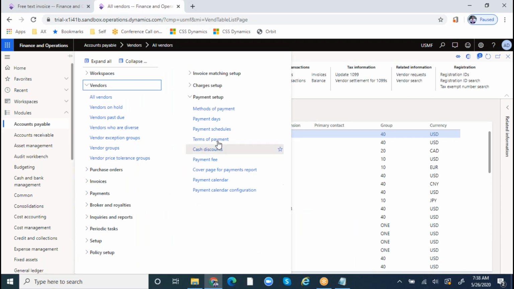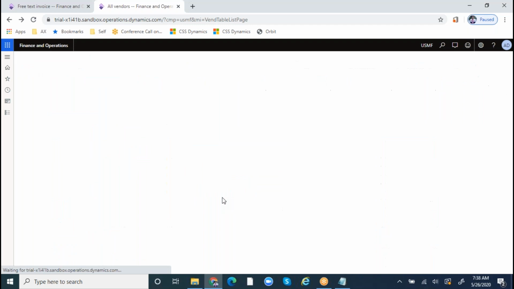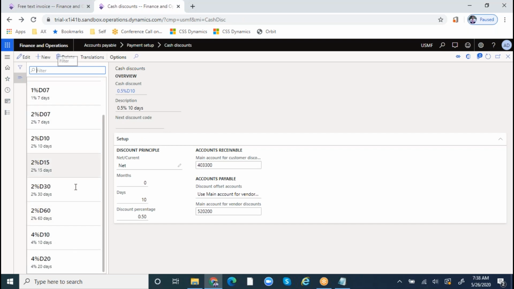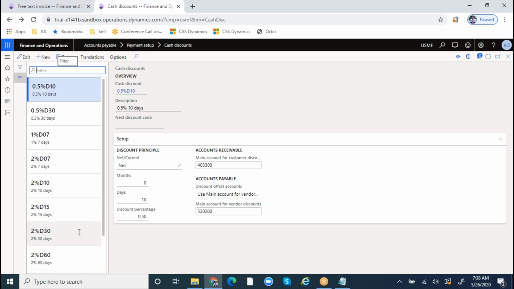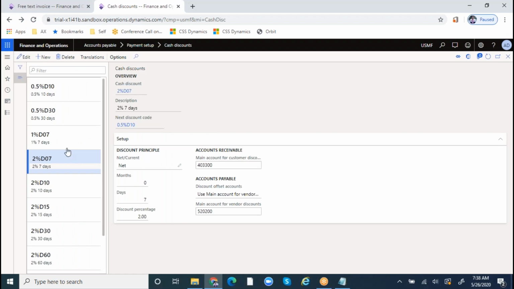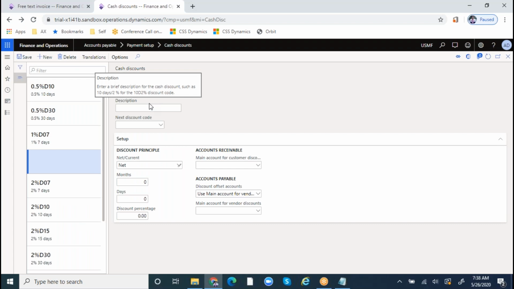So now here in this terms of payment, next to terms of payment there are cash discounts. Okay, there are so many things here. Let me create my own discounts. 5% 10 days.